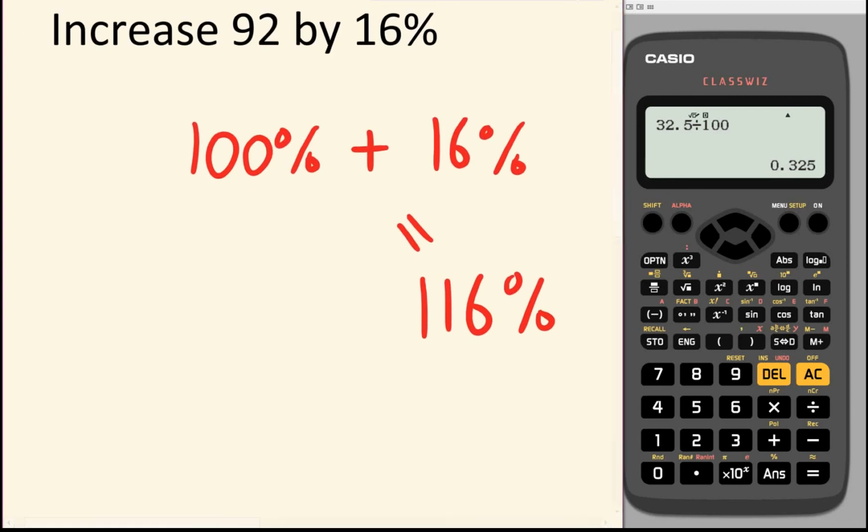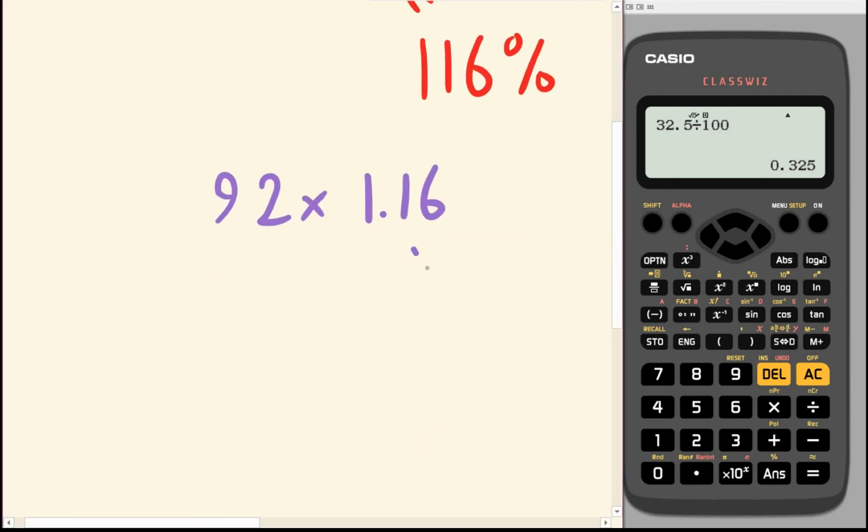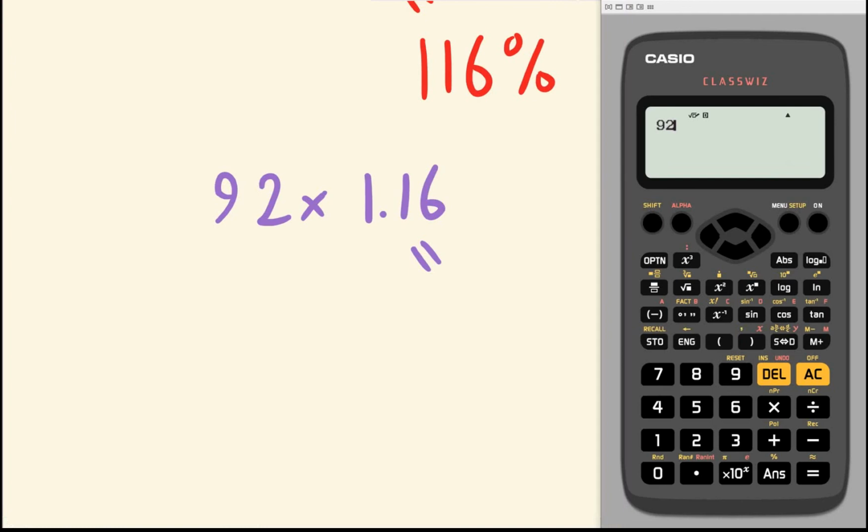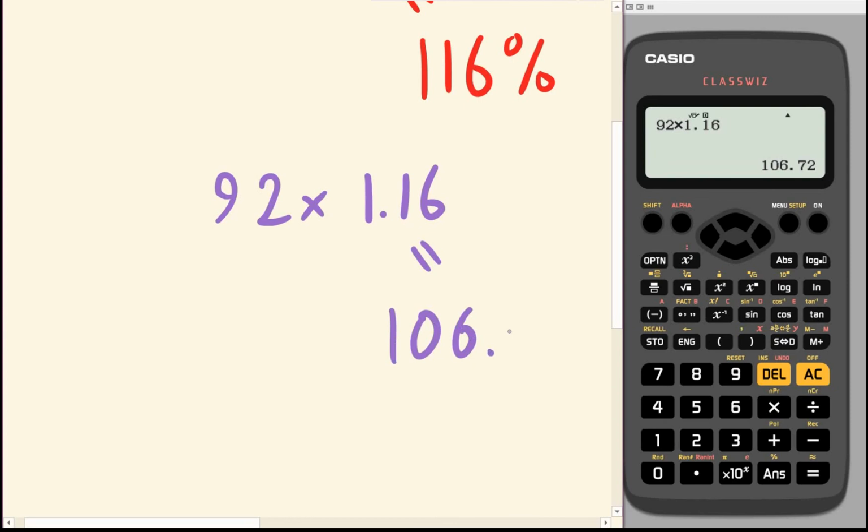Following the exact same tricks as before, I want to convert this into a decimal, and that will be 92 times 1.16. If you ever want to increase it or work out something over 100%, it will always start with a 1 here. And again, typing that in, 92 times 1.16, that gives me 106.72.